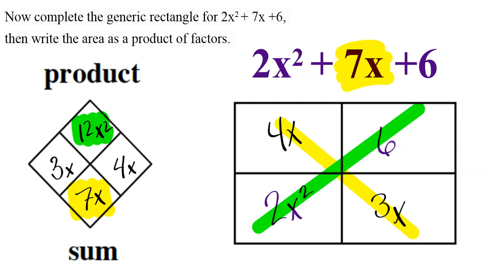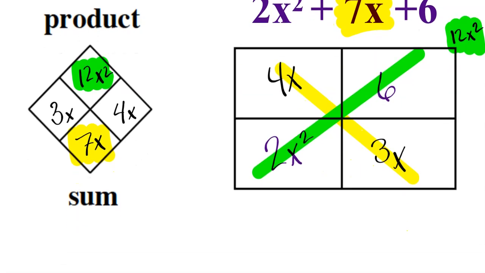And 2x squared times 6, that's 12x squared. Okay, so that's where all the pieces go in. Then we add those, 3x plus 4x is 7x. Good. Okay, so now we still need that 2x and that x. And then we have to have a 3 here. And 2 times 2 is 4.